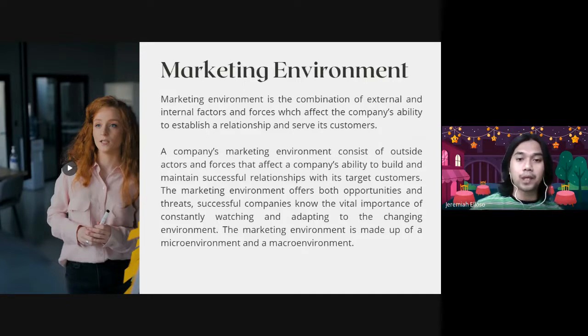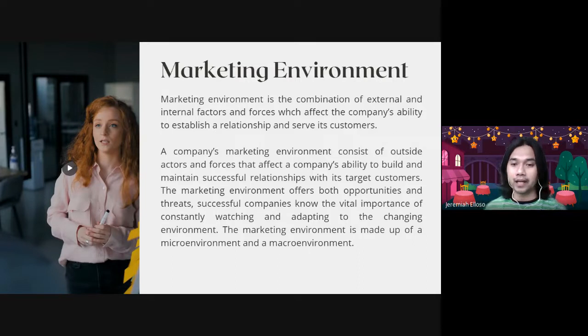A company's marketing environment consists of outside factors and forces that affect a company's ability to build and maintain successful relationships with its target customers. The marketing environment offers both opportunities and threats, and successful companies know the vital importance of constantly watching and adapting to the changing environment.